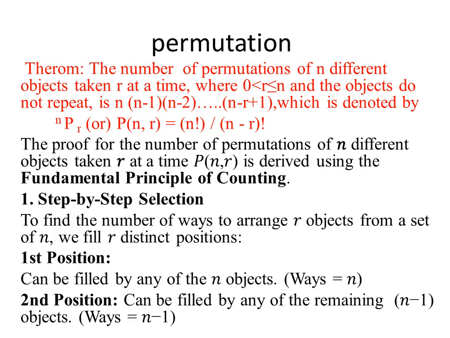To find the number of ways to arrange r objects from a set of n, we fill r distinct positions. The first position can be filled by n objects. The second position can be filled by the remaining n minus 1 objects. Therefore the number of ways is n into n minus 1.